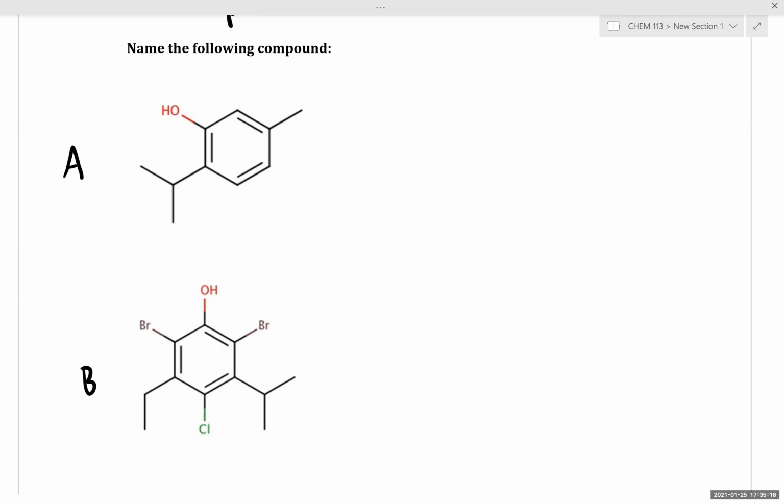And don't be shy to share your proposed names for these two compounds in the chat, verbally or using the annotate tool.